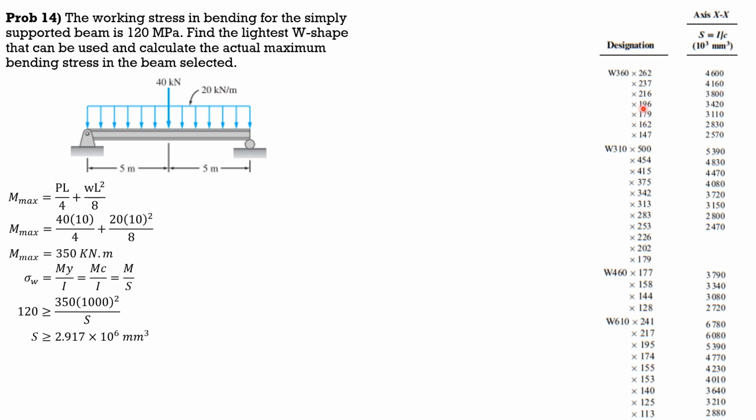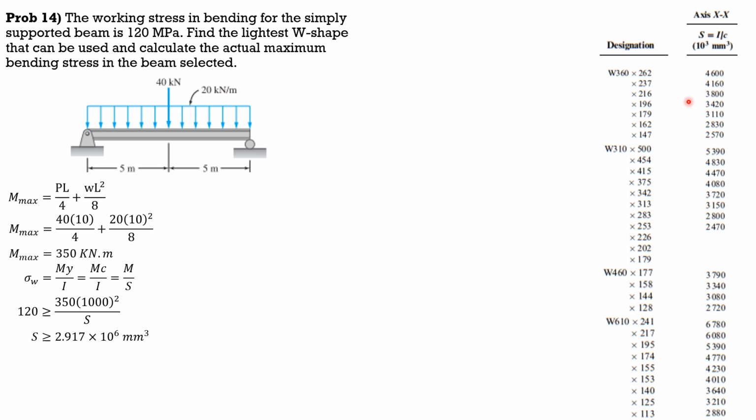Take note, 360 by 179. The actual section modulus is 3.11 times 10 to the 6. So it satisfies, but it is heavy because it is 179. For the second, we have W310 by 313, which is heavier than the first.